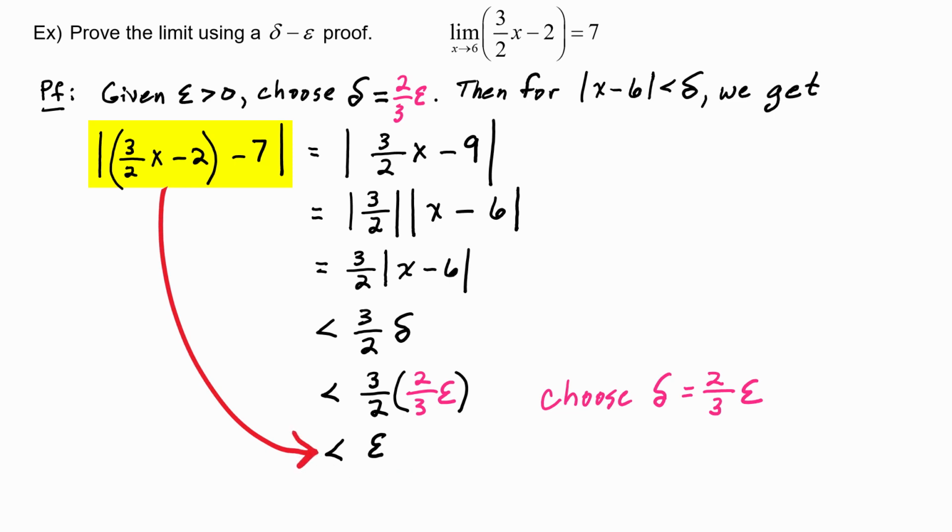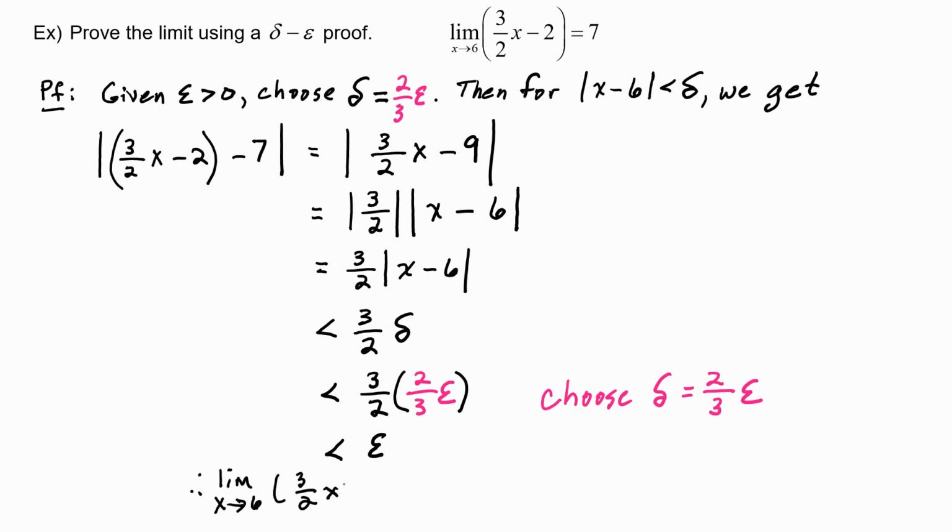And because we were able to show that, we say therefore the limit as x approaches 6 of 3 over 2x minus 2 is equal to 7.